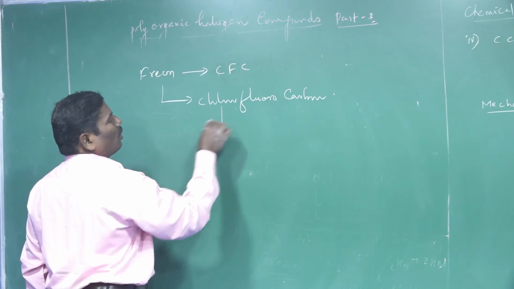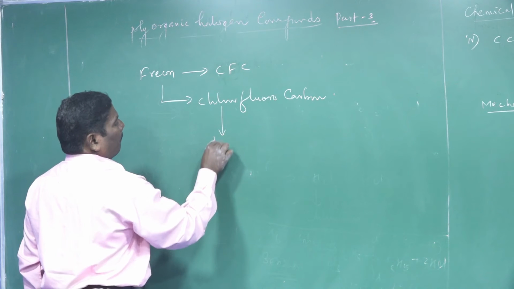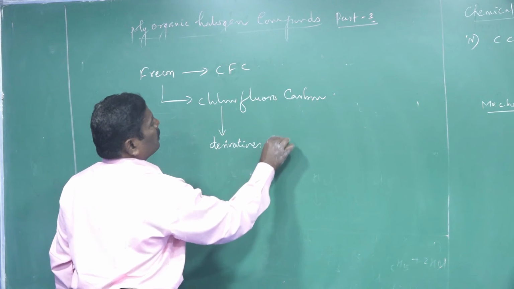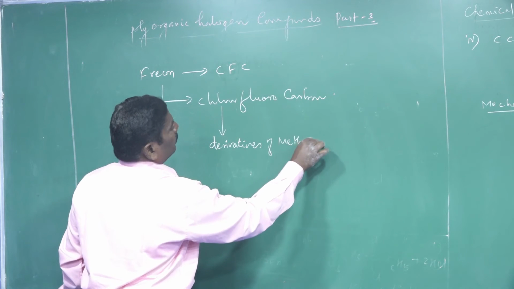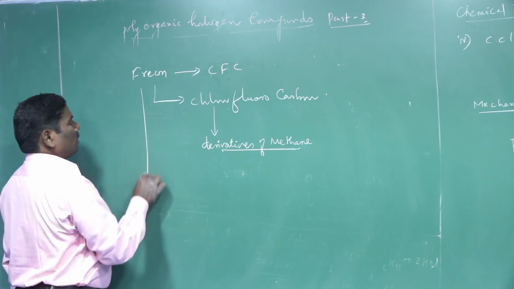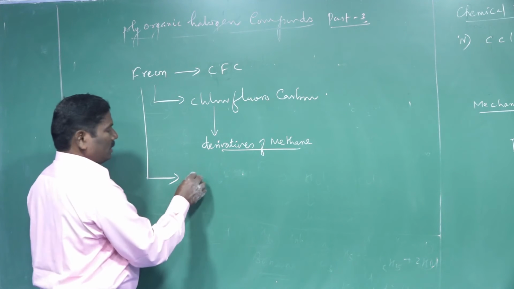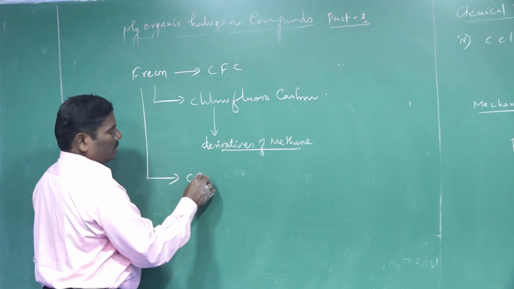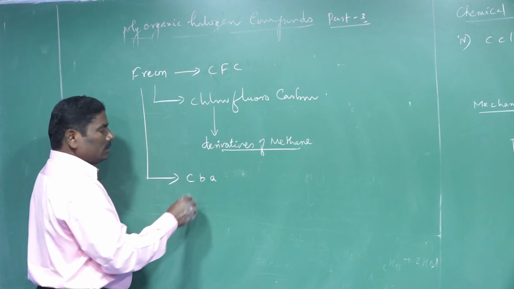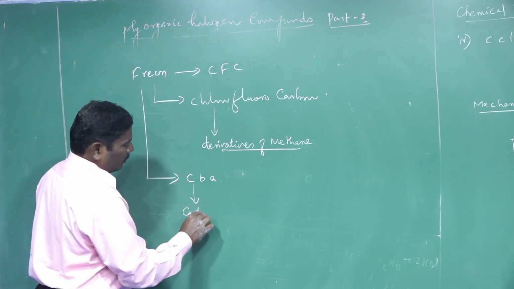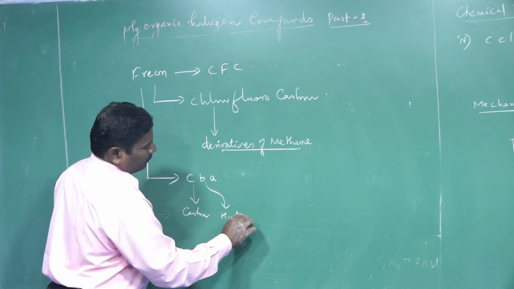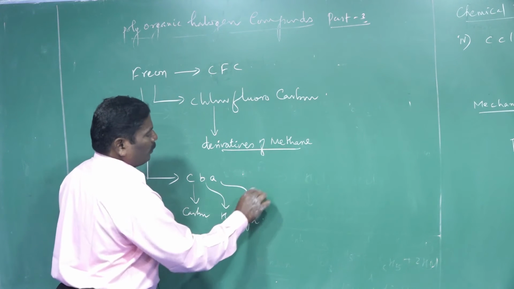The chlorofluorocarbons are derivatives of methane. We can represent them shortly by this method: C for carbon, B for hydrogen, and A for fluorine.